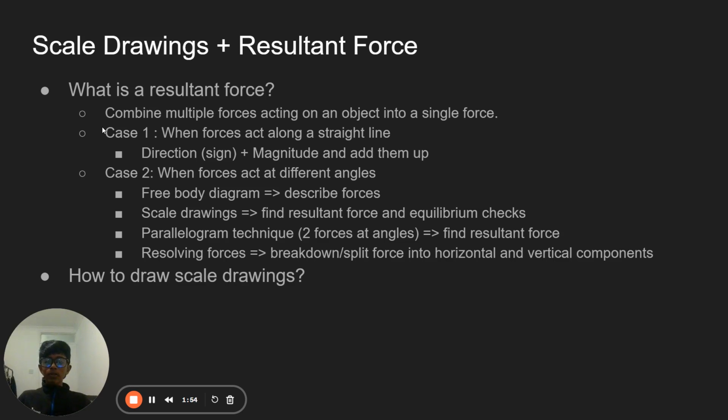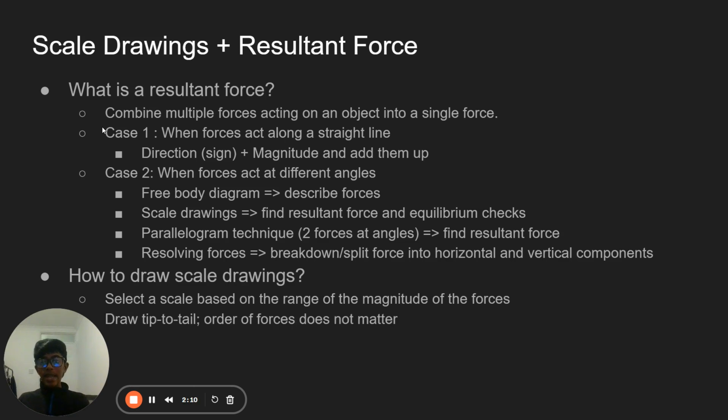Now, how to draw scale drawings? The first thing to know is that before drawing a scale drawing, read the question and observe the magnitude of the forces given. From the magnitude, pick an appropriate scale to use. Then draw the free body diagram of the forces.